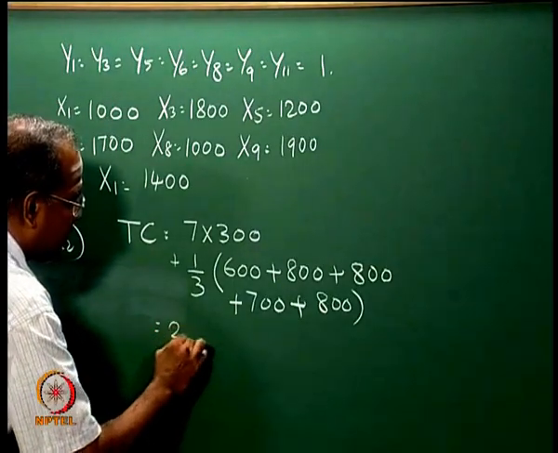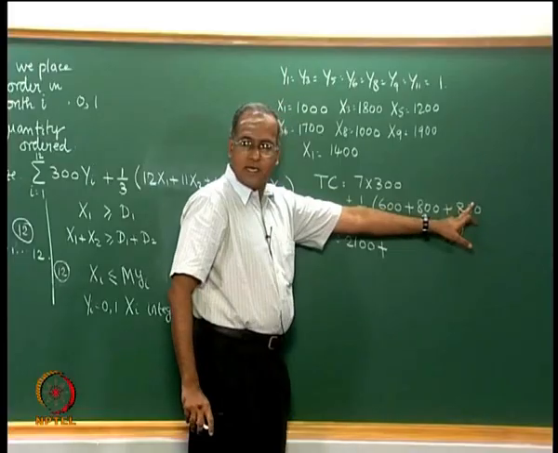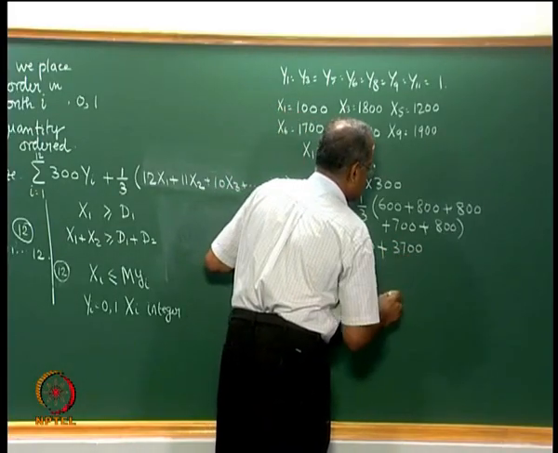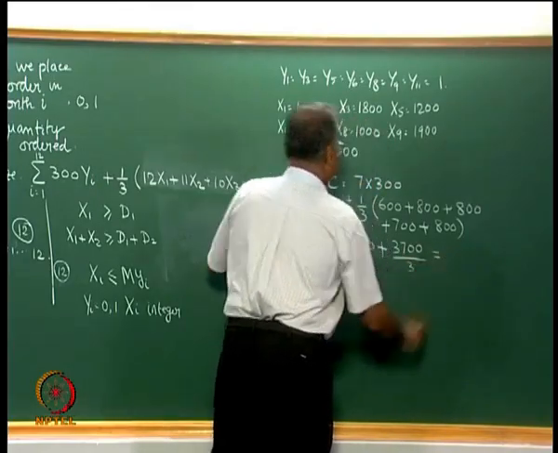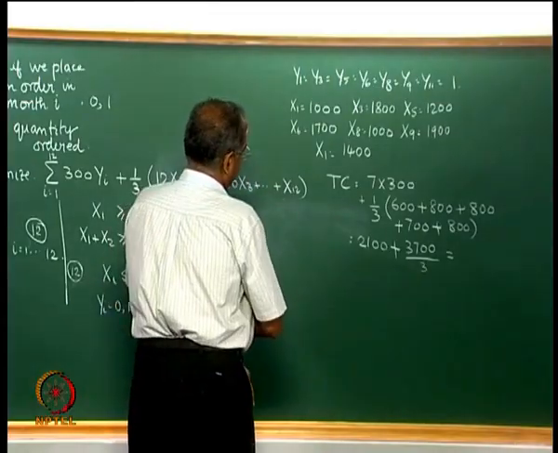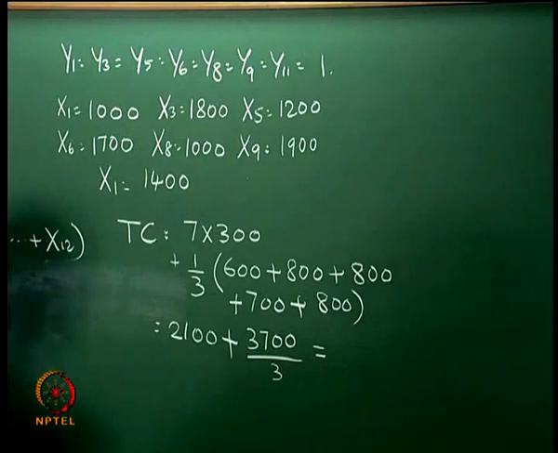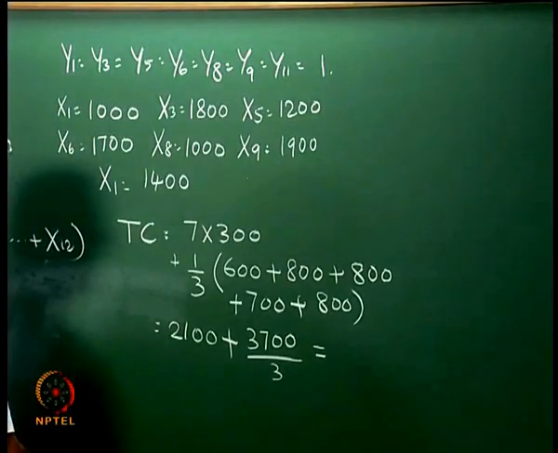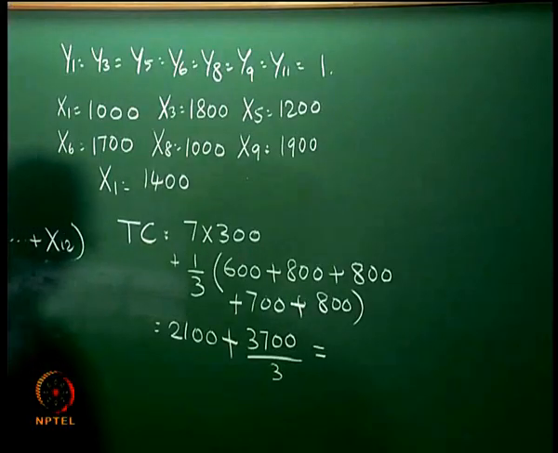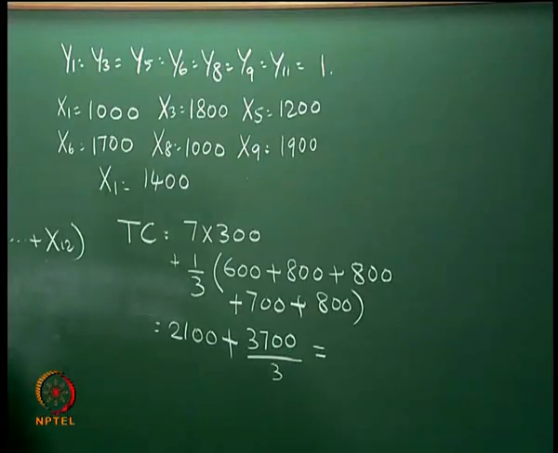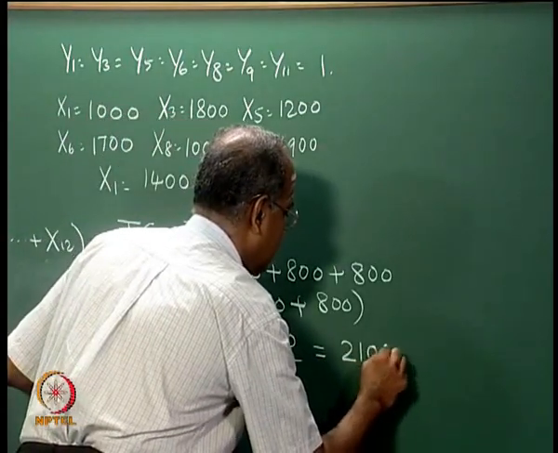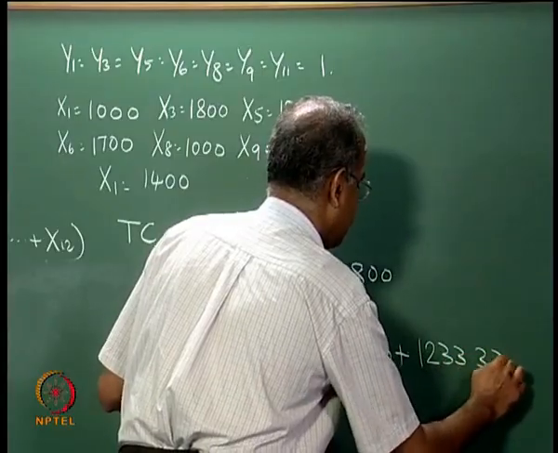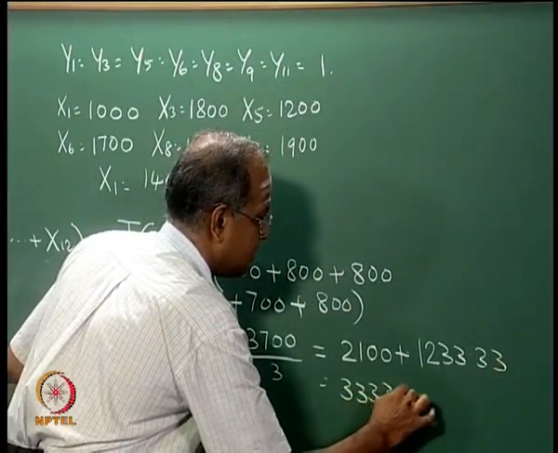So total cost will be 2100 plus 6 plus 8 14 plus 8 22, 29 plus 8, 37, 3700 by 3, which is so 2100 plus 1200 and 33.33, which is 3333.33.